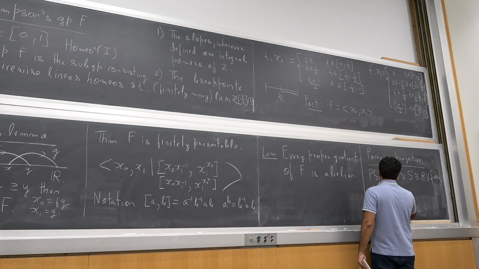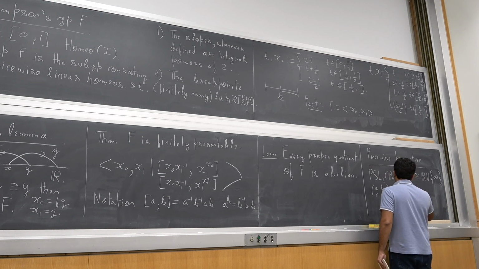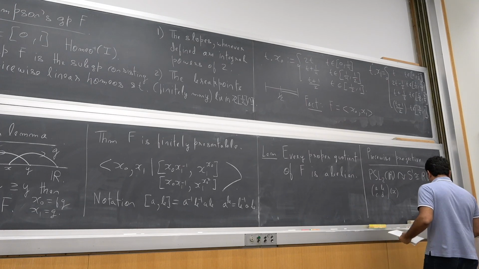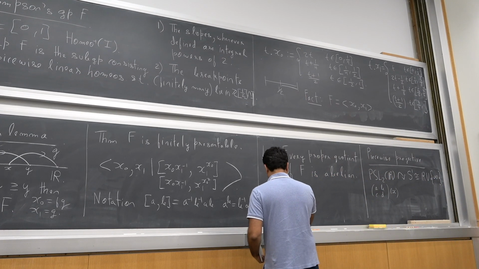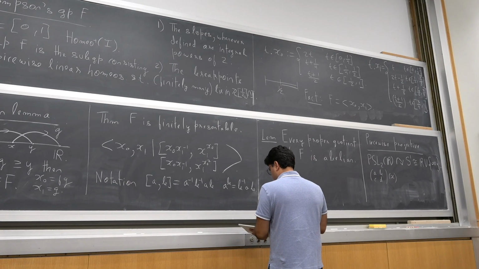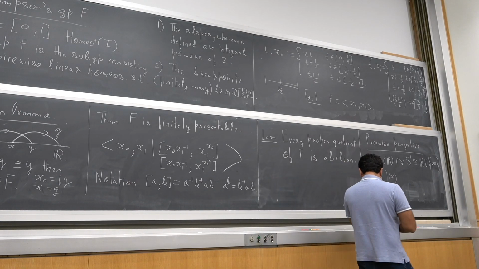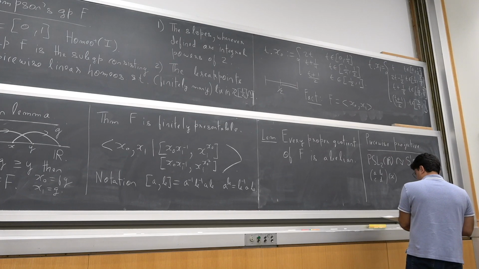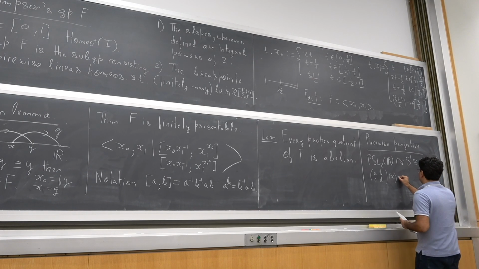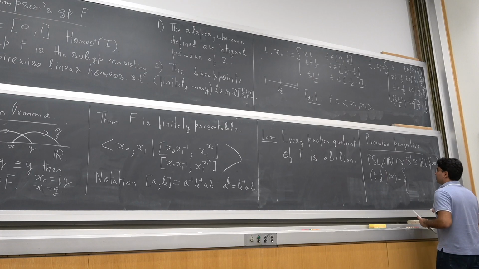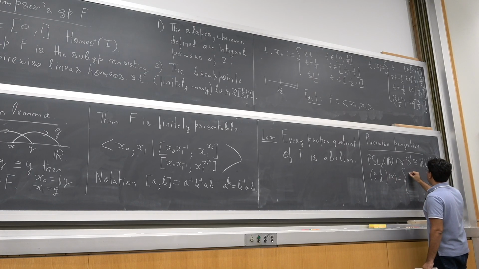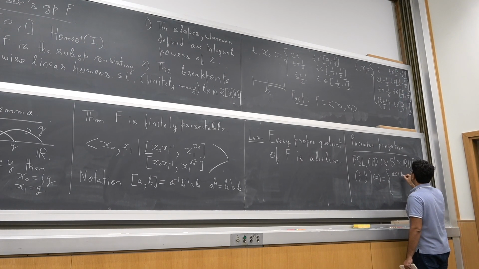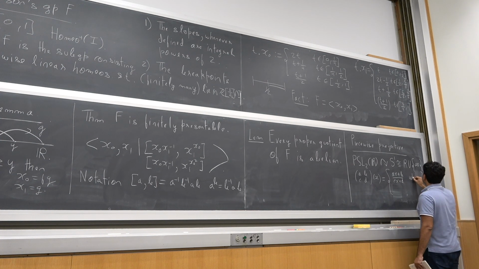This action is given by fractional linear transformations. So if I have a matrix in PSL2R acting on a point, so we have to be a little bit careful. So now this is going to be (ax+b)/(cx+d) whenever defined.